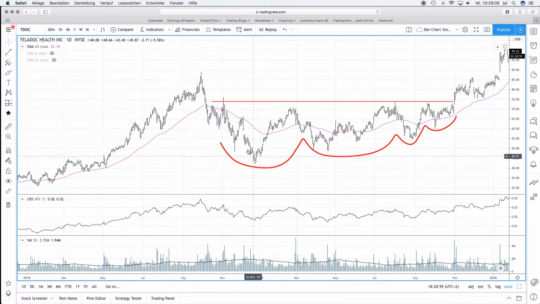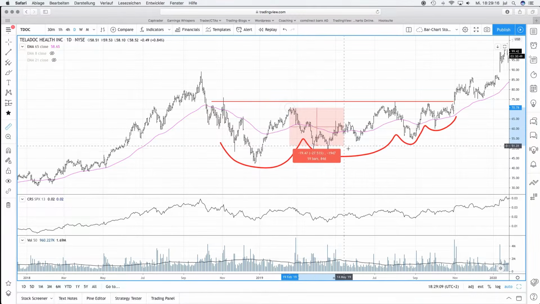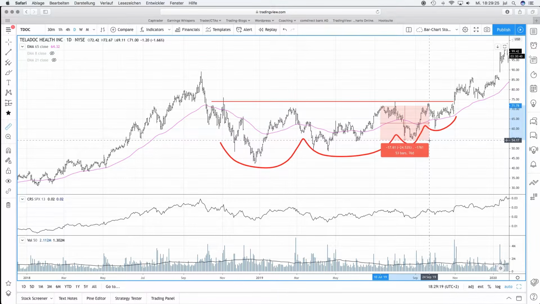So here you can see the first correction, and the first correction was around 44%. Then you see the second correction here. The second correction is about 31%. Then you can see that one here. This is 24%.